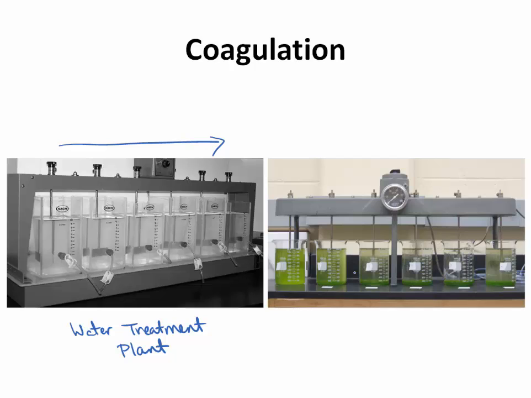And what we were doing in this was varying the dose of a coagulant. And you can see here that the most clear supernatant, so you add the coagulant, you allow some flocculation to occur, and you see what settles. The clearest jar in this case was actually the middle jar.